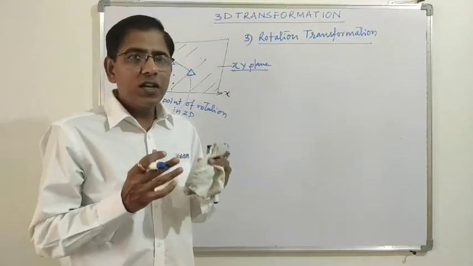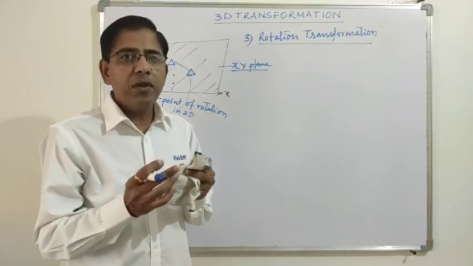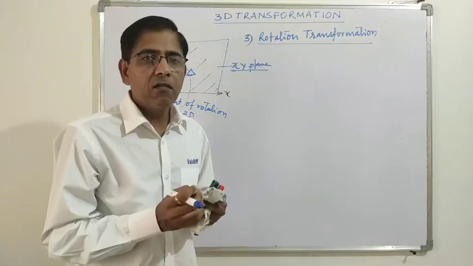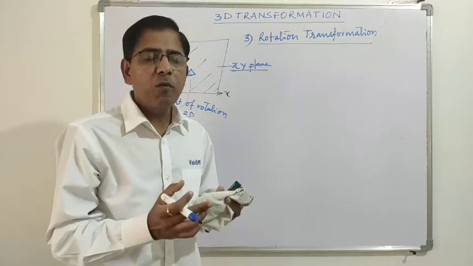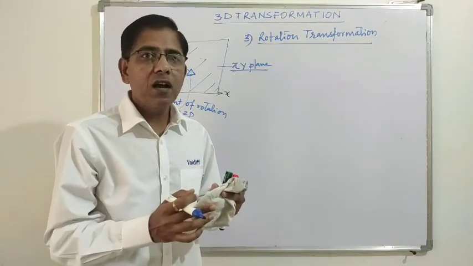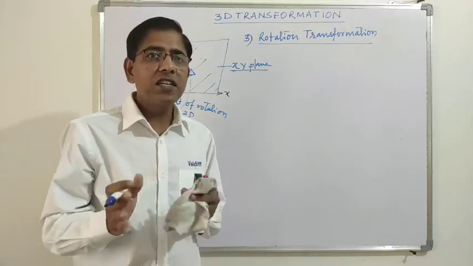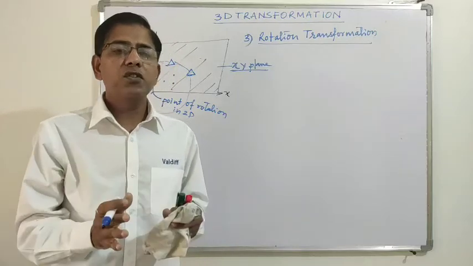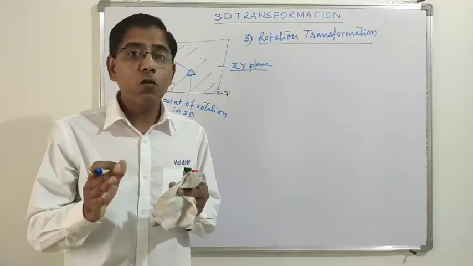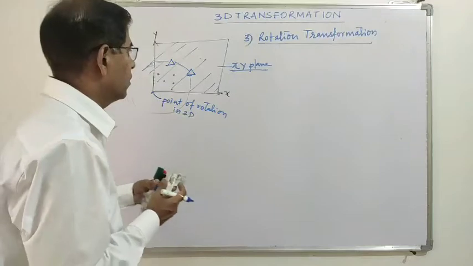So what is the difference between rotation in 2D transformation and rotation in 3D transformation? In 2D transformation, rotation is happening about a point, whereas in 3D transformation, rotation is happening about an axis or about a line, okay. So that is the basic difference between rotation in 2D transformation and rotation in 3D transformation, okay.